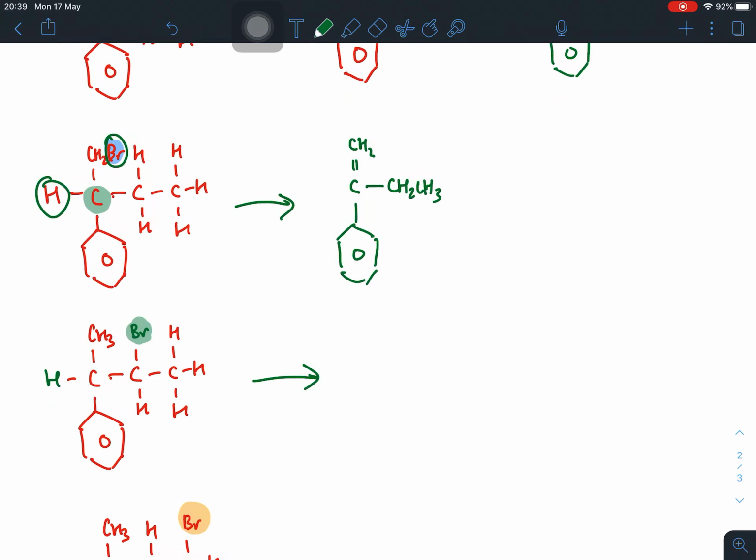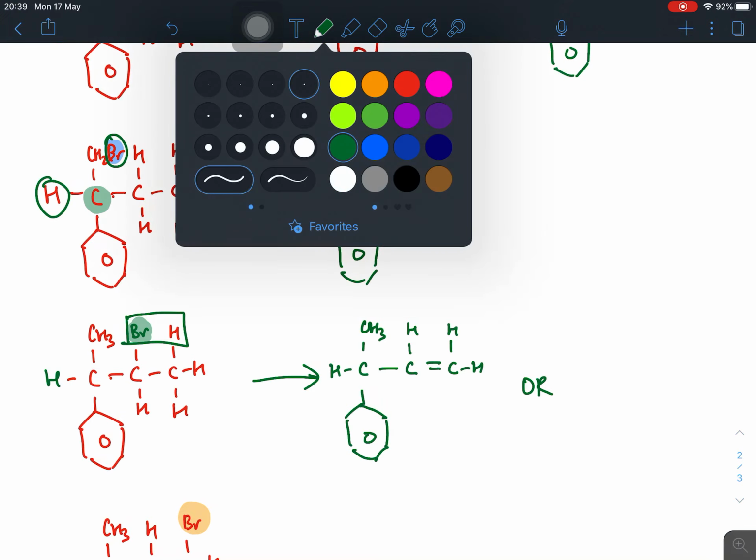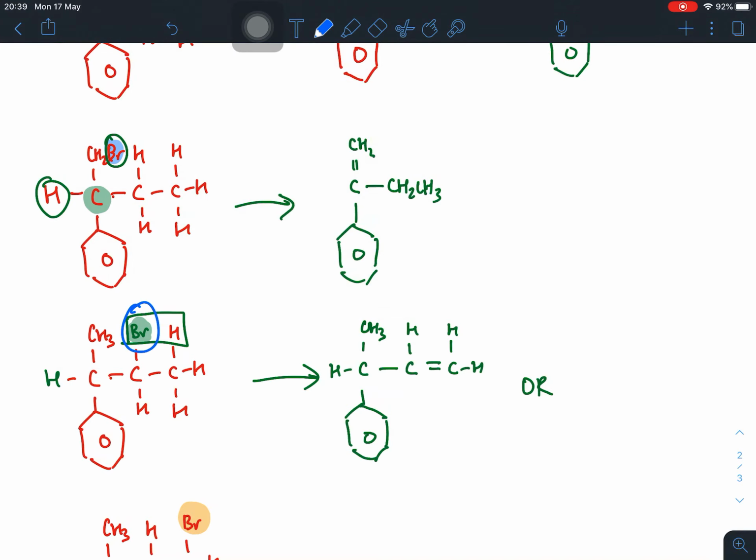Okay, in this case, I can choose to remove the Br and H like this. Okay, and let's look at the products that it would have. Okay, alternatively, the Br can be removed again from the adjacent carbon, which has a hydrogen over here.